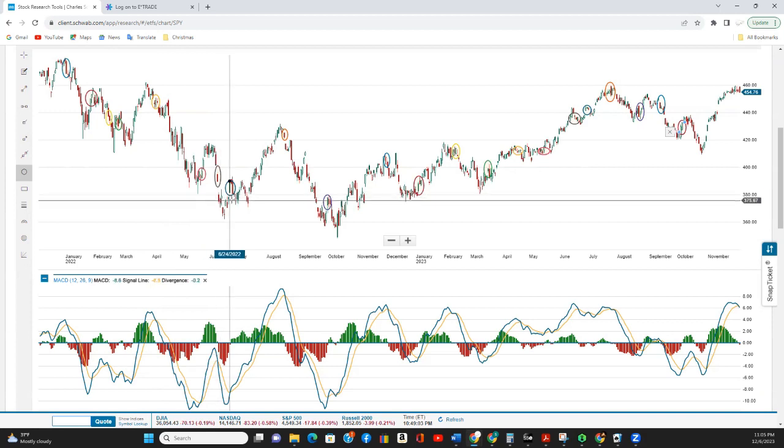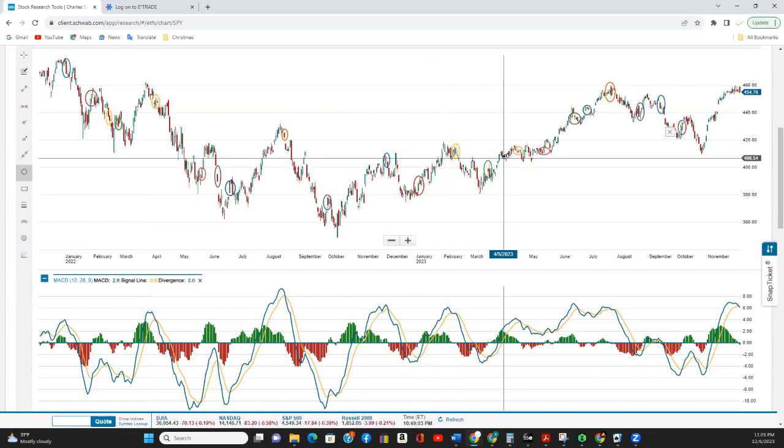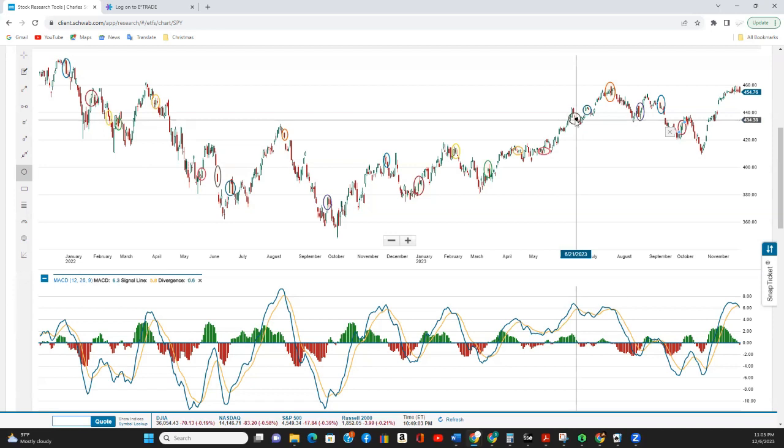Here we have another instance where there was a bearish cross and it fell, another bearish cross and it fell before turning bullish again. Bearish cross, it fell before turning bullish, fell before turning bullish. Now this one was essentially sideways, so it's essentially market neutral. This one is the opposite.